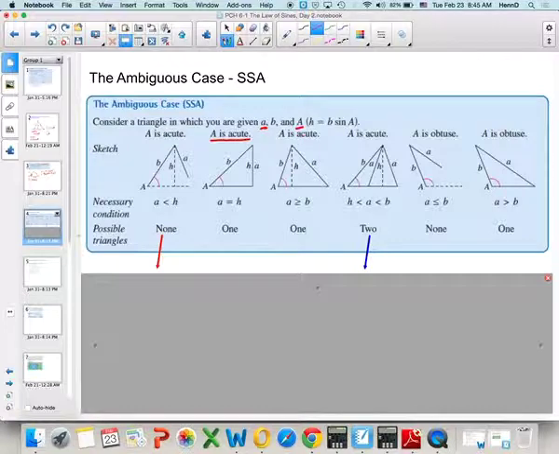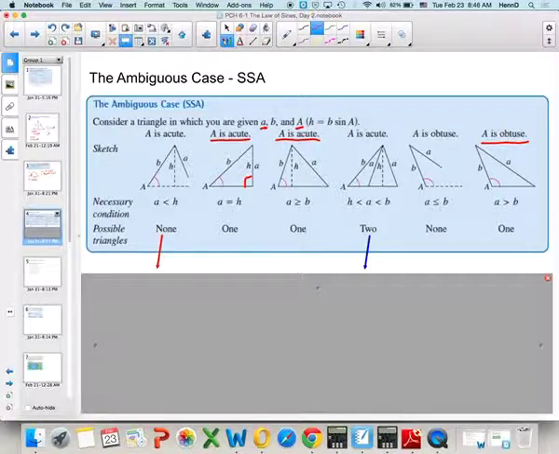Now you may not recognize it as such right off the bat, but you could have a right triangle here, and in that case, this side over here would equal the height of the triangle. That proves that it's a right triangle. Here, also, if A is acute and a is longer than b, you're going to get one solution. Over here, if A is obtuse and a is longer than b, you're going to be able to get just one solution.